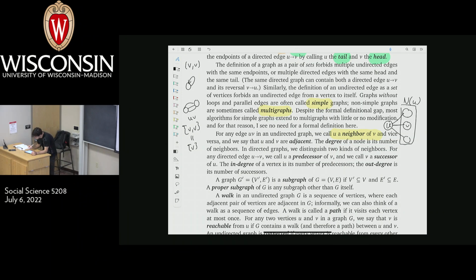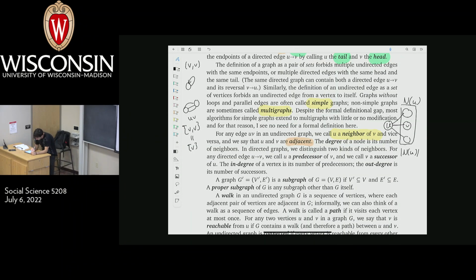There's all kinds of words that mean that. You also say V and U are incident. You'll just see a lot of words that mean the same thing, that there's an edge in the graph. Now, the degree of a node is just the size of the neighborhood. It's the number of edges that leave U for an undirected graph.